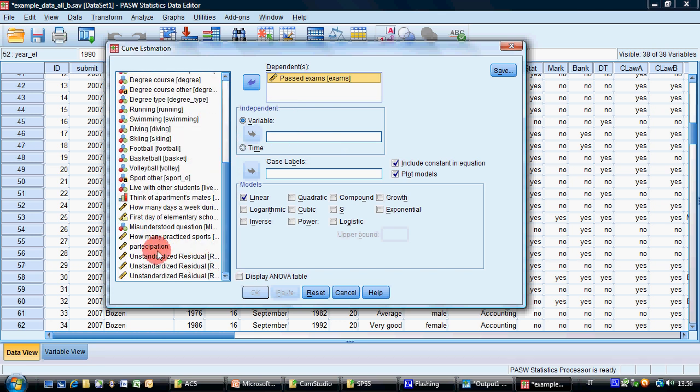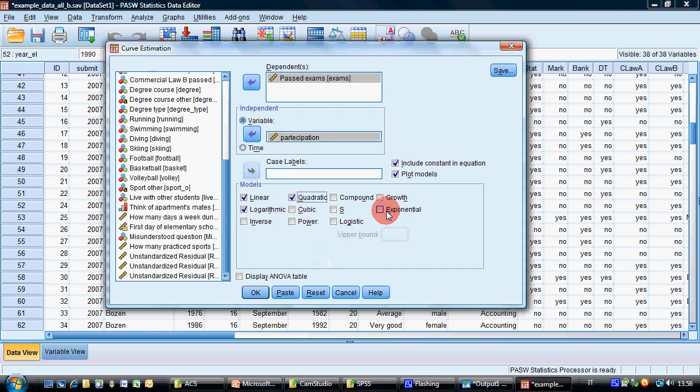So passed exams by how many practice sports? No, let's put another one. Participation. And here you may decide which curve do you want. Linear, so you will repeat the linear, but also logarithmic, quadratic, and exponential.